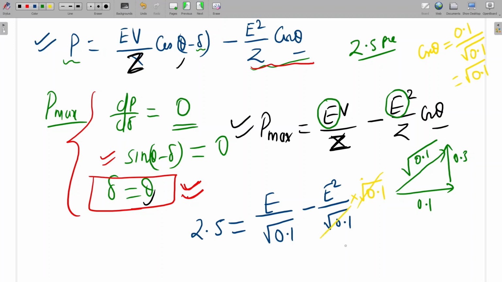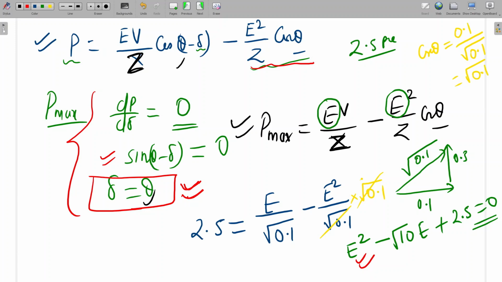The final equation we can write as E square, I am taking it in LHS. So E square minus, 1 by under root 0.1 will be under root 10, so minus root 10 E plus 2.5 is equal to 0. By solving this quadratic equation, we can calculate the value of this EMF.